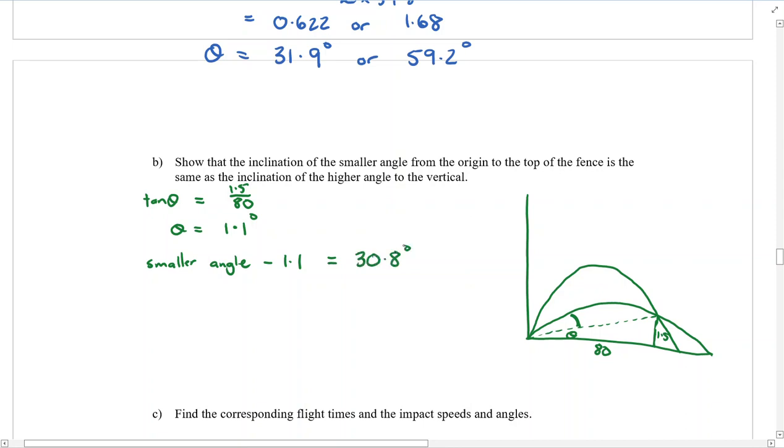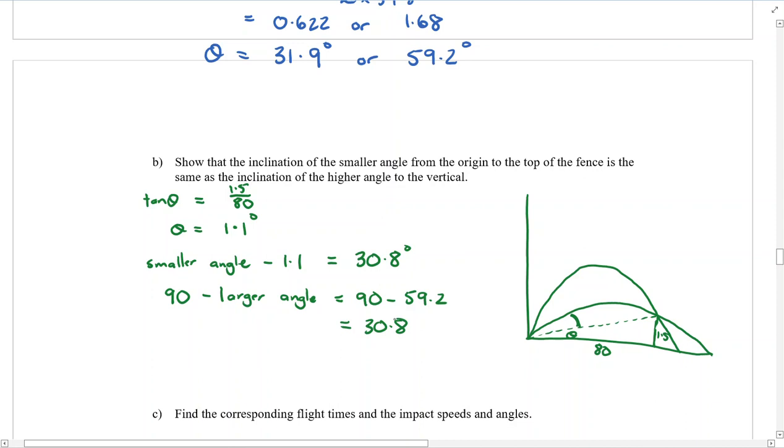If I want to use the right angle, so it says to do it from the vertical as well, which is from the vertical line there, that's a 90-degree angle. If I subtract off the larger angle, so that's 90 take away 59.2, which was the larger angle that we found, that's equal to 30.8 as well.